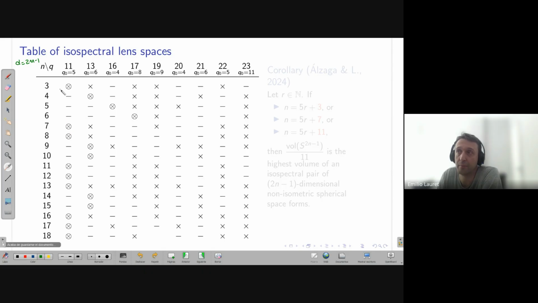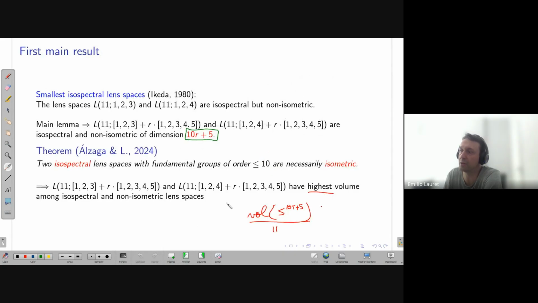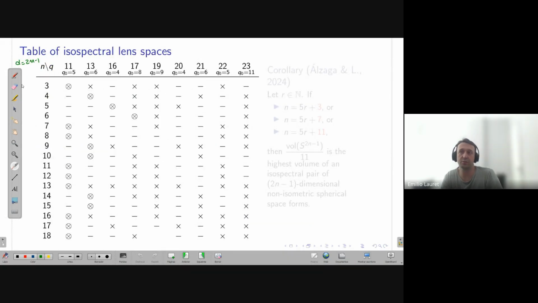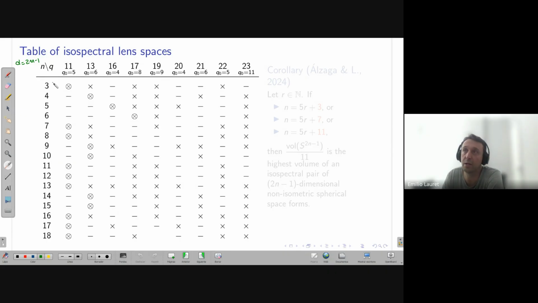And the same, because we checked that. Well, now it's a theorem that you cannot have isospectrality with at most 10 elements, okay? But we didn't know at the beginning. And well, this is the table that explains this.